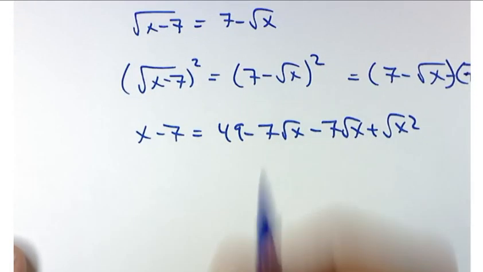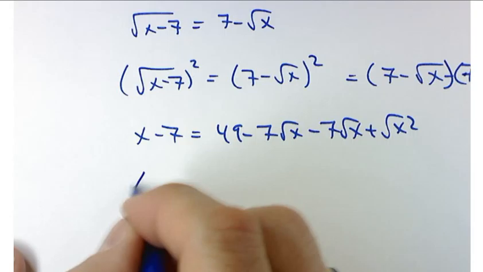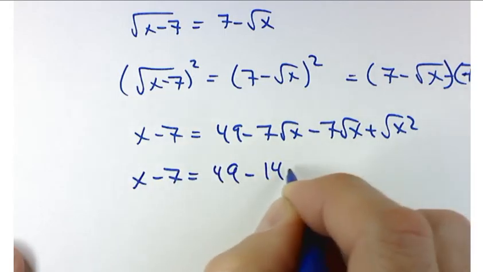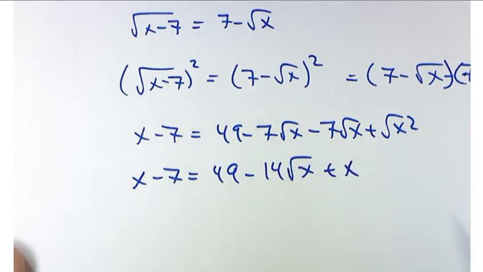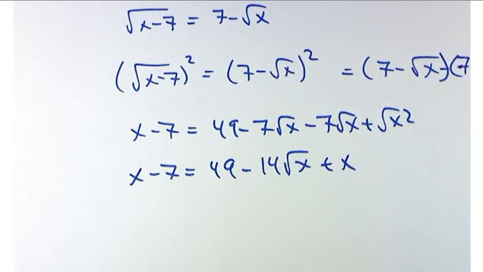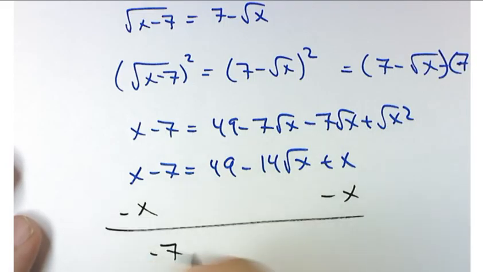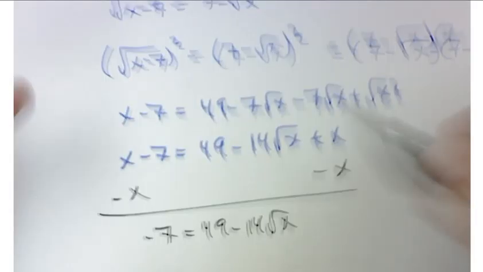So, wow, the radicals didn't cancel out. I'm left with x minus 7 equals 49 minus 14 square roots of x plus x again. So, what do I do now? Now I subtract x from both sides and get negative 7 equals 49 minus 14 square roots of x, because the x is canceled out.